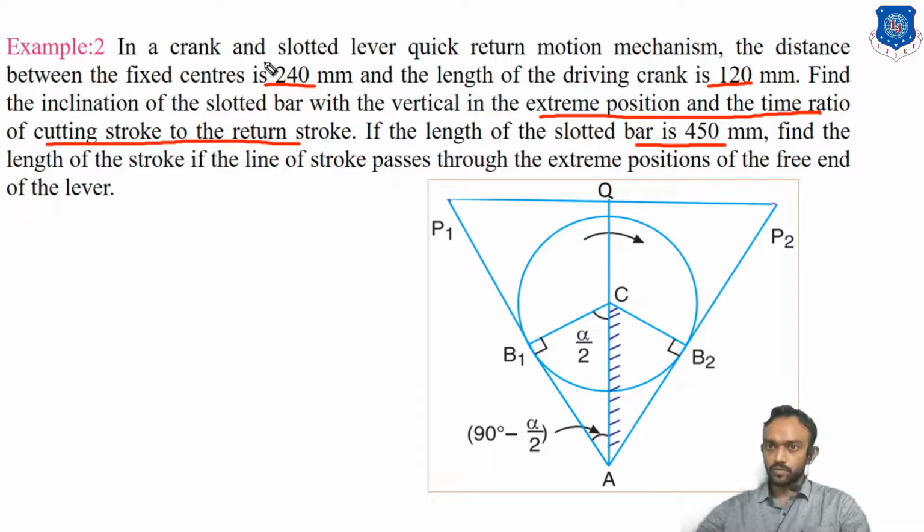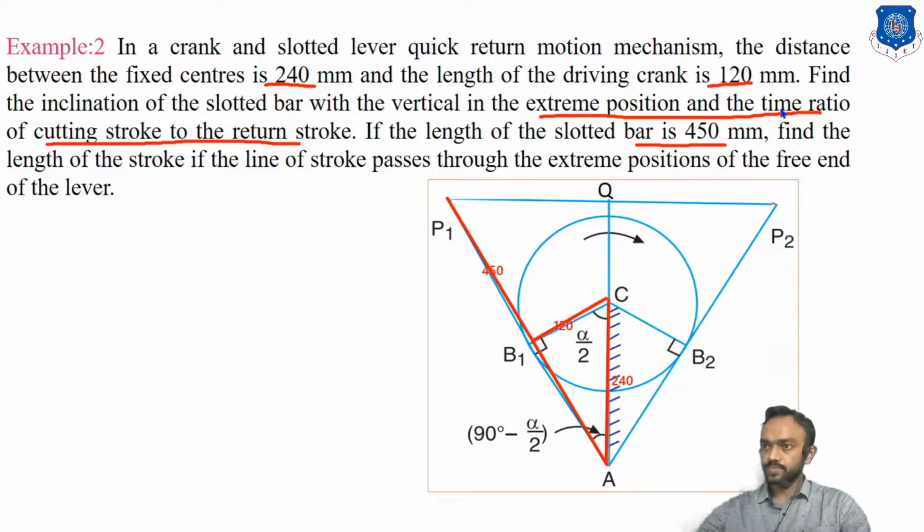First of all, the center distance 240 is given. Then the crank is given, 120. And the length of this slotted bar is also given, which is 450.